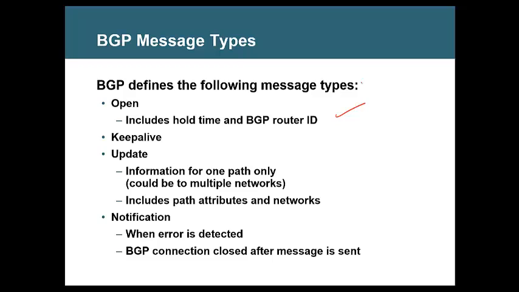When you configure a neighbor manually, a three-way handshake will first be initiated between those two neighbors using port number 179. If both sides are properly configured, the three-way handshake will be successful. And then the first packet will be the open message.